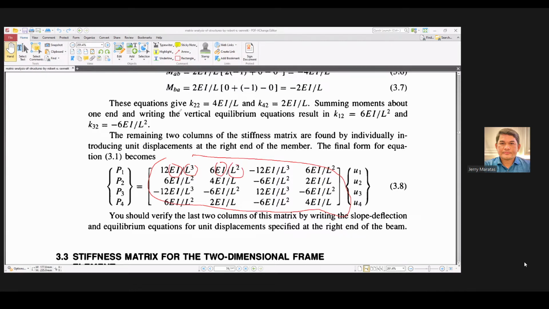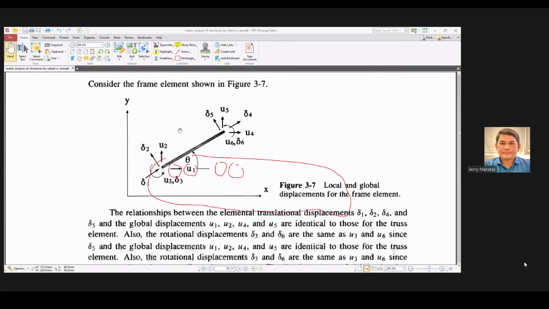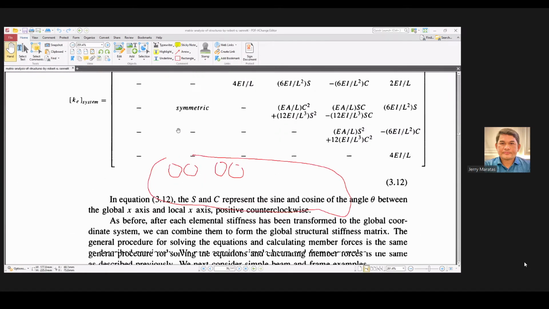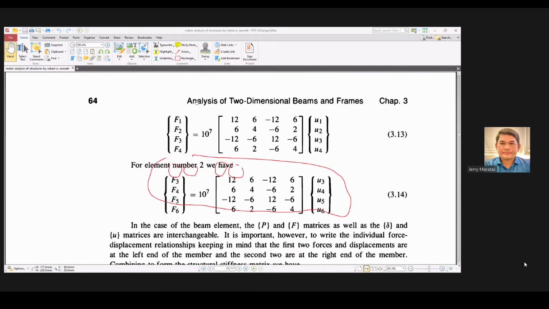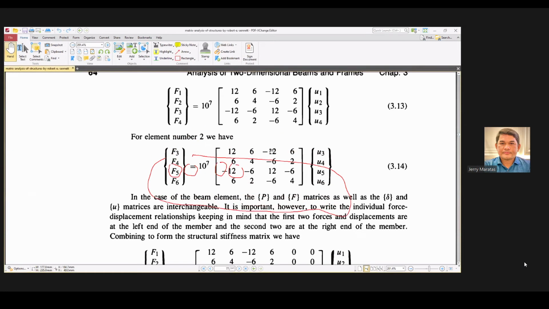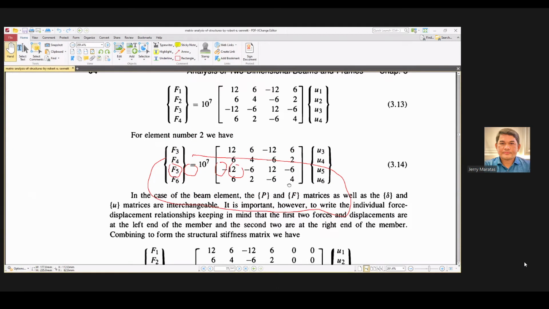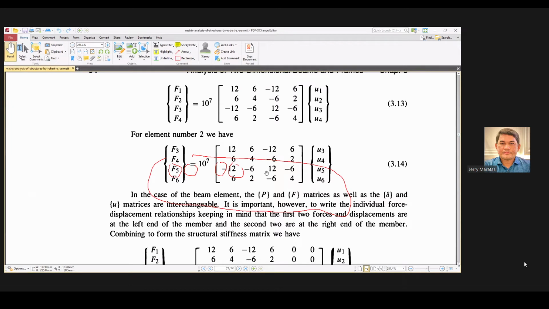So if we compare it here, 12 and 6. And then for element number 2, it is the same. After that, you combine.